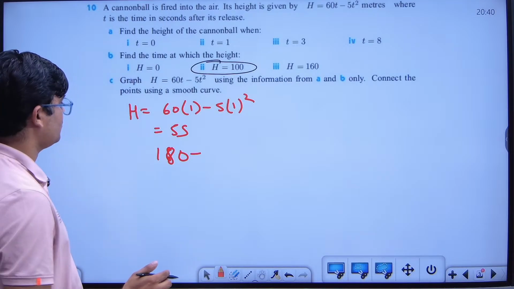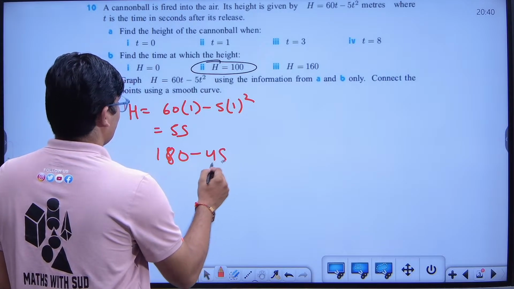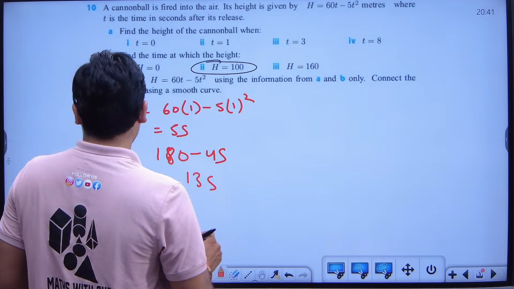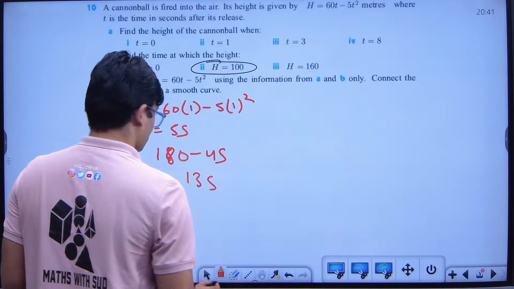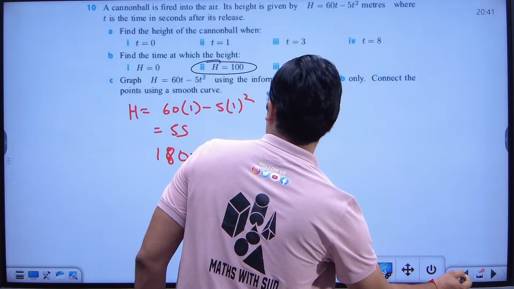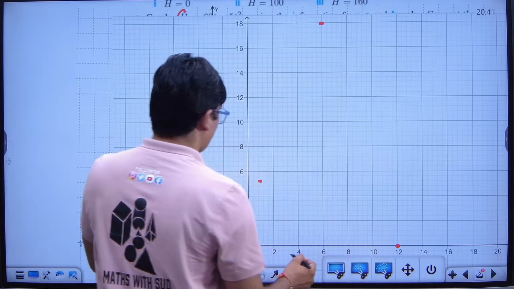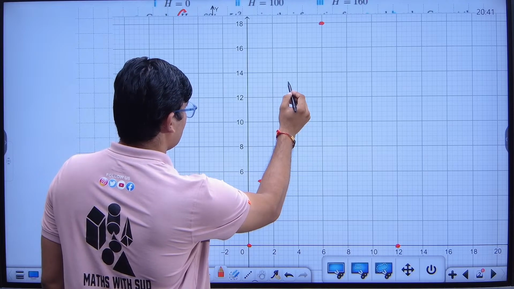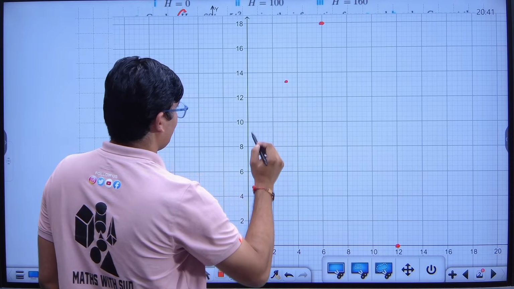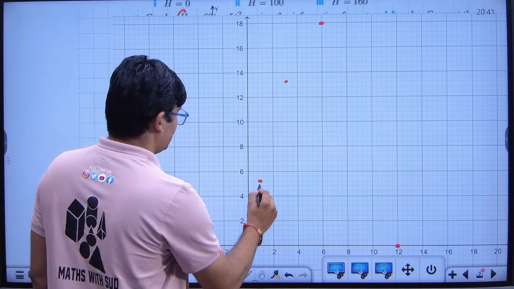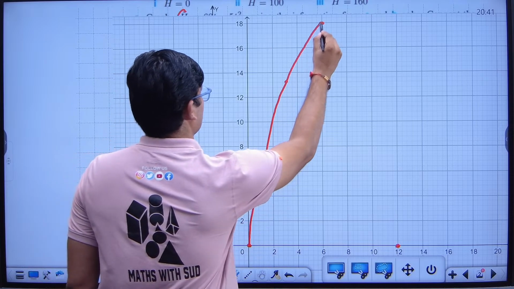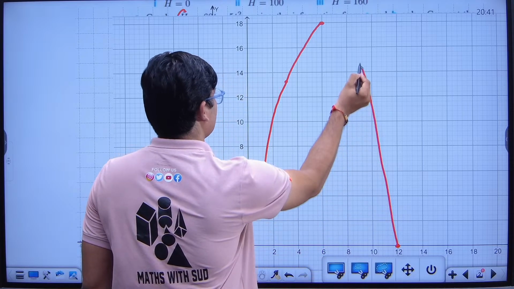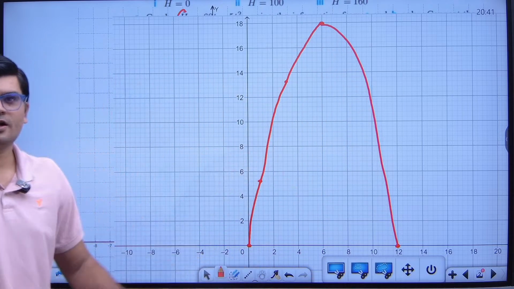So 135 means 13.5. So 3 is here and 13.5 is somewhere here. So the graph will go like this. Then this is the highest value and then you can make the symmetry like this. So this is your graph.